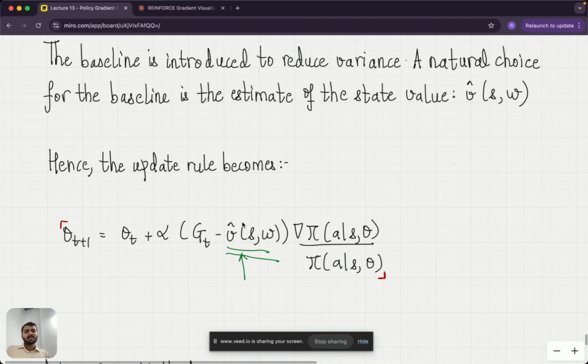But for our understanding, we should only remember that this bias term is mostly the approximate value function for that state. If you remember, v hat is the approximate value function represented by the weights. So it's the approximate value of the expected return which the agent is supposed to get from that particular state till the end of the episode.